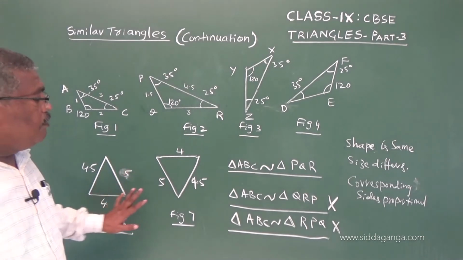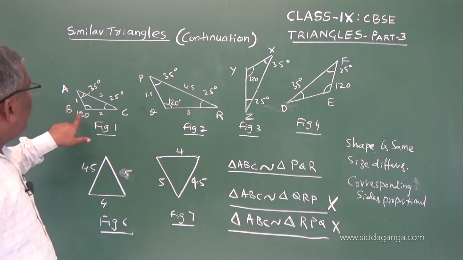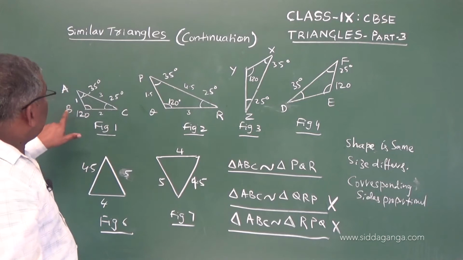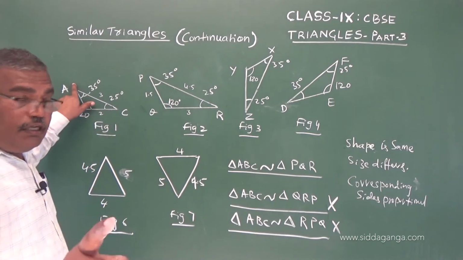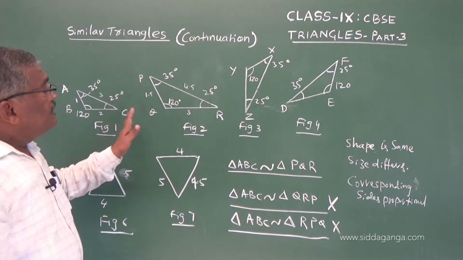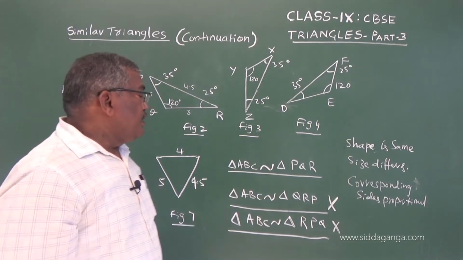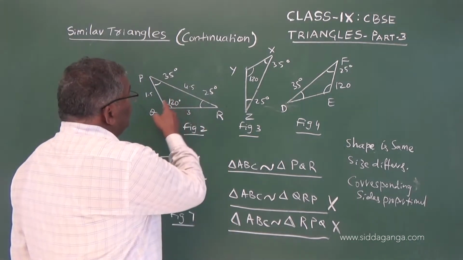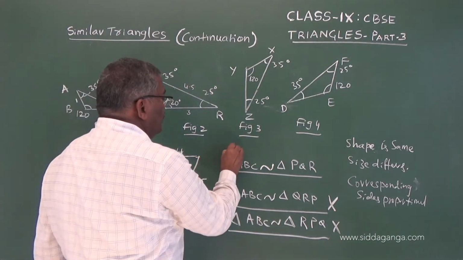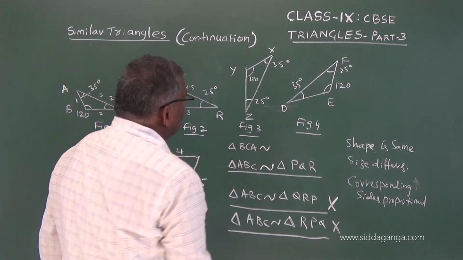So what is the correct way for this? We can say like this: triangle BCA is similar to triangle QRP. That means corresponding sides and corresponding angles should coincide. So the other correct way of writing is triangle BCA is similar to triangle QRP.